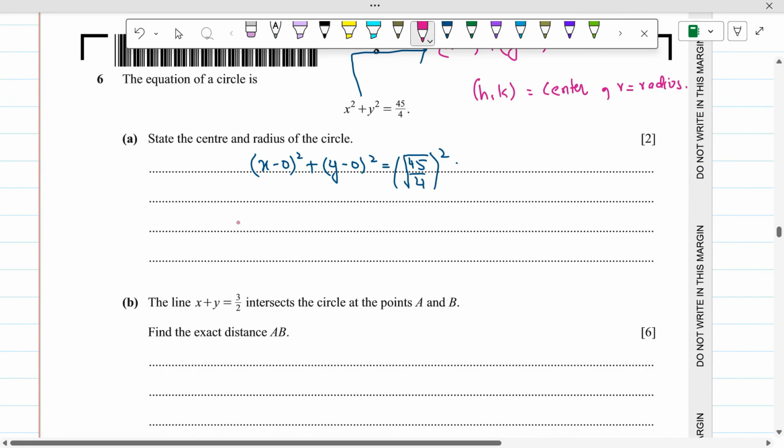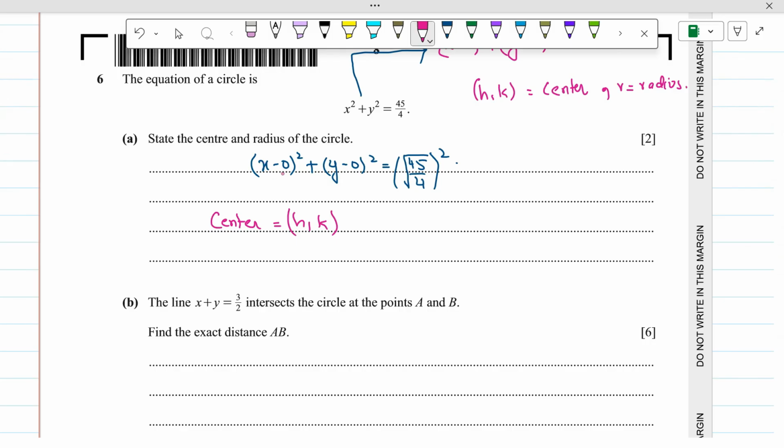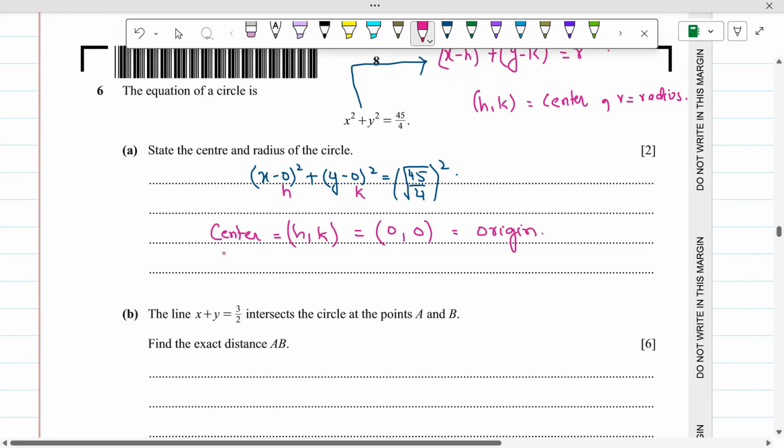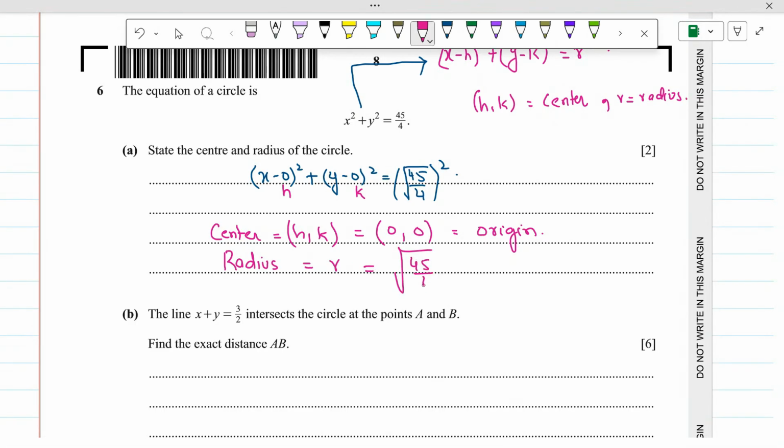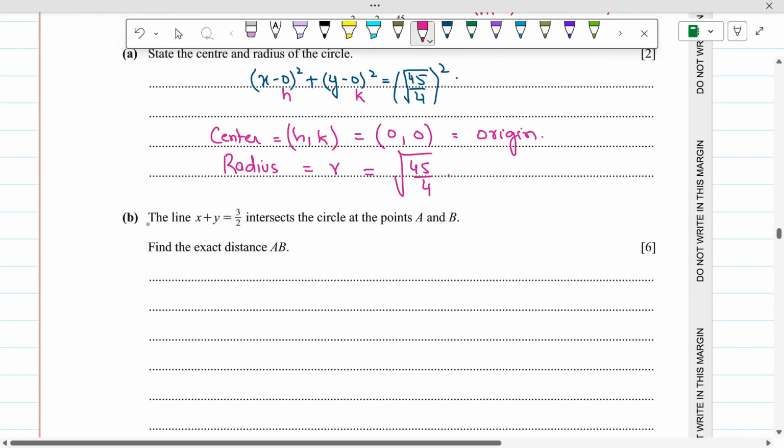So we can say that the center is h and k, and this one is h and this one is k, which are 0, 0, or the origin, and the radius r is the square root of 45 over 4.